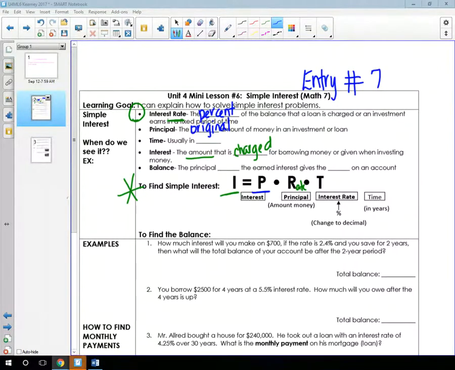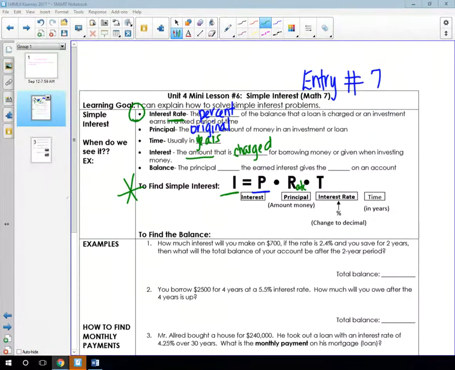Okay, so far we've got I is the interest, the actual amount that you earn, equals P, the principal, which is the original. And then when you get to I equals P times R, we already said R was the rate, that's the percentage. And then times T. And T is time, but time has to be something very specific. Time is usually in years. So if a problem gives it to you in months, you want to convert that to years.